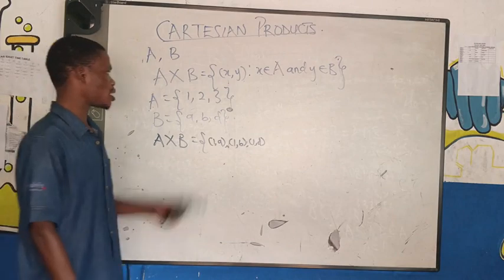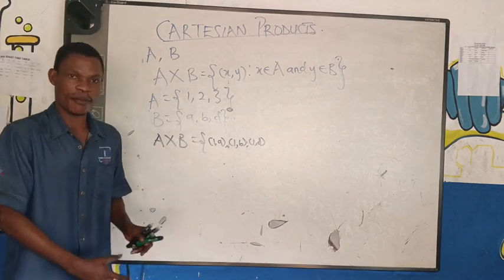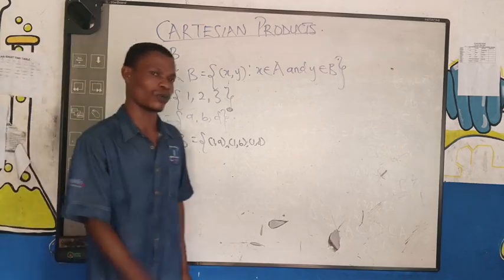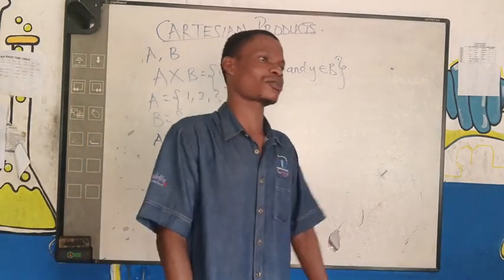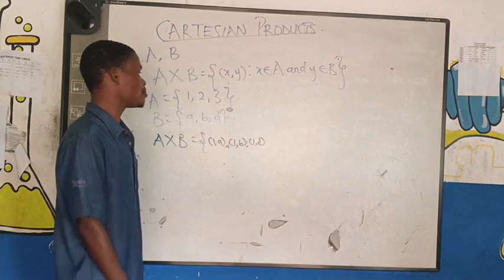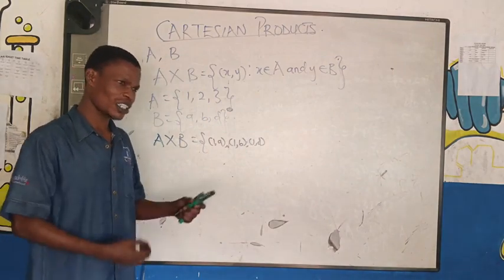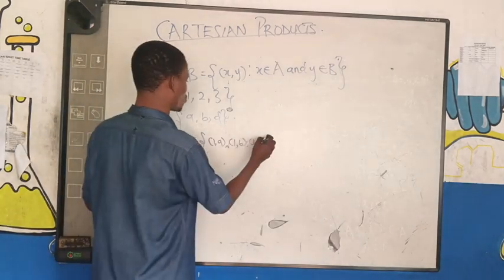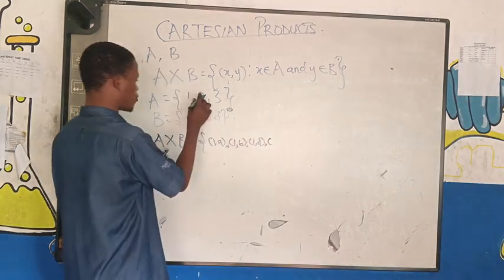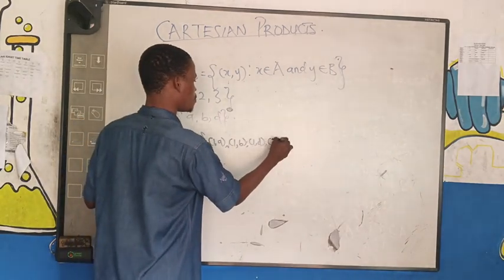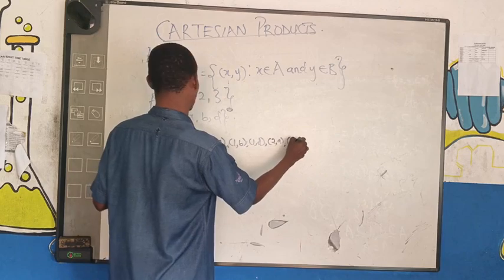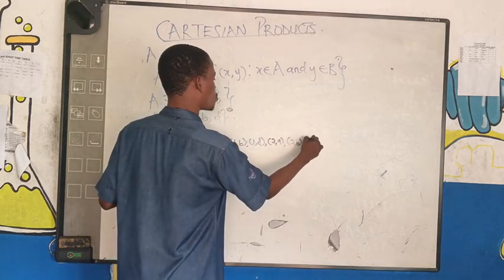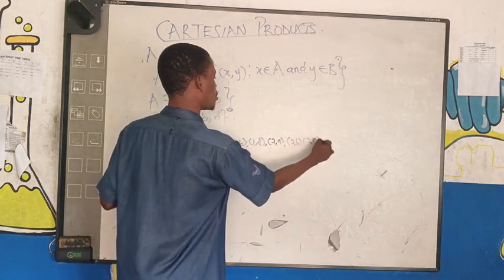There's no rule that says once 1 is paired, it is running away with any of the elements. No, it dare not abscond with any of the elements. So we're just seeing the other pairs. Now let's go on to 2. 2 can be paired to a, 2 can be paired to b, and 2 can be paired to d.